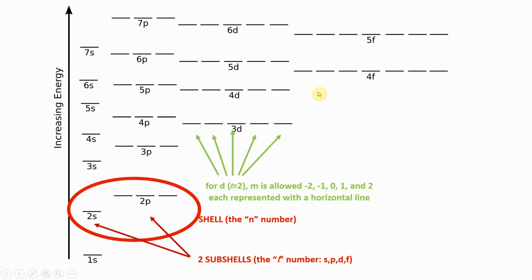So I have 0, 1, 2, and 3. So for the fourth shell, I can go all the way to f. And then for the fifth shell, I can actually go on to g, but we don't deal with that. That doesn't happen. So don't worry about that. We're going to go all the way up to f, if that even. We're probably not going to get here.